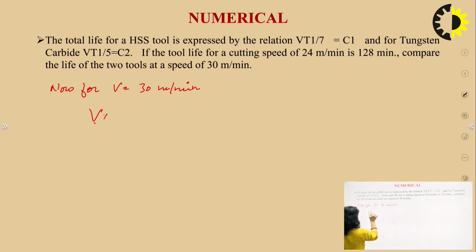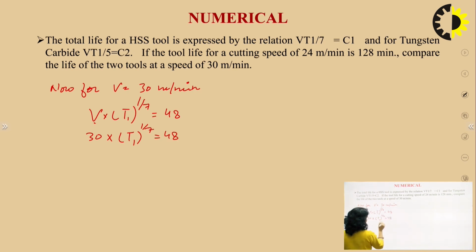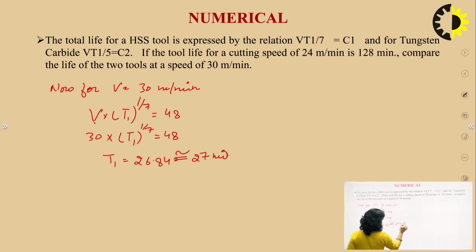V into T1 to the power 1/7 for the first tool is equal to C1. C1 is 48, and V is 30, so 30 into T1 to the power 1/7 is equal to 48. So we will get T1 as 26.84, or we can say 27 minutes.